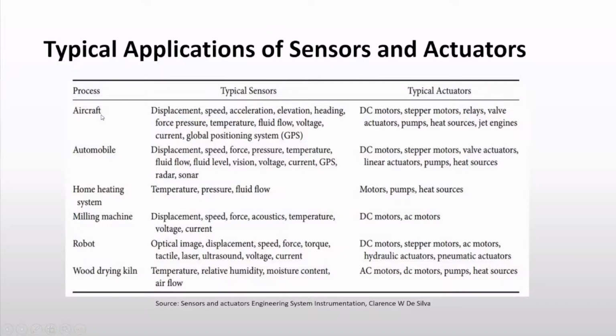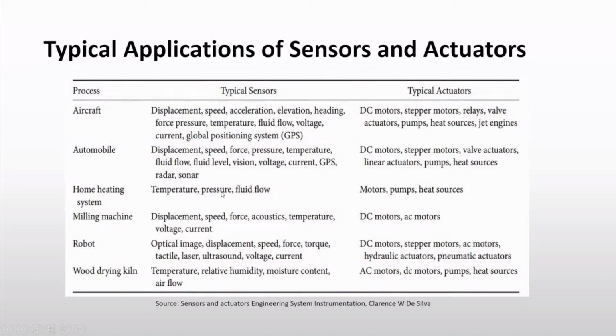Here you can see some fields: aircraft industry, automobile industry, home heating systems, milling machines, robots, wood drying, cleaning. In these fields, you can see what the sensors are and what the actuators are by this diagram. So you can refer to this.